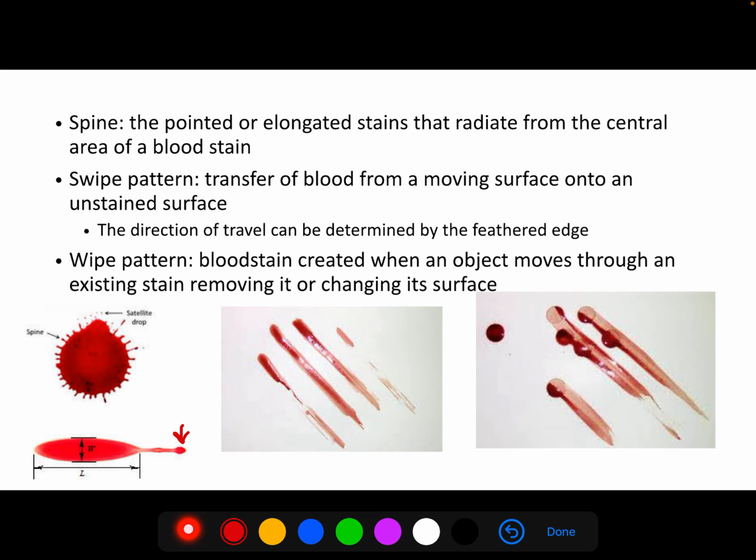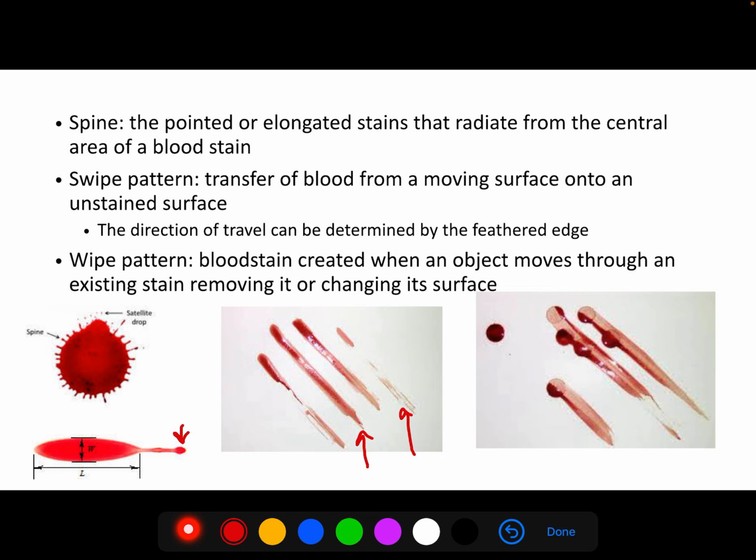With this, the direction of travel can be determined by the feathered edge. It will be darkest where there is an original impact, and then it will lighten as the movement occurs. So you can see this in the middle image, where up at the top it is darkest, and then the hand moved down towards the right, and we see these feathered edges at the bottom where it is lighter. That's how we can tell the direction that is going.